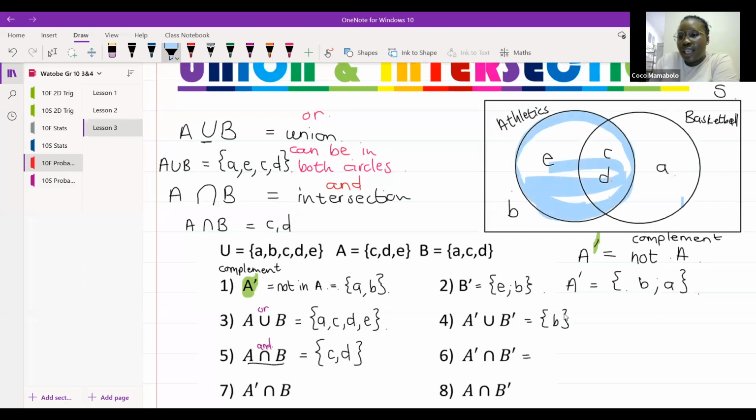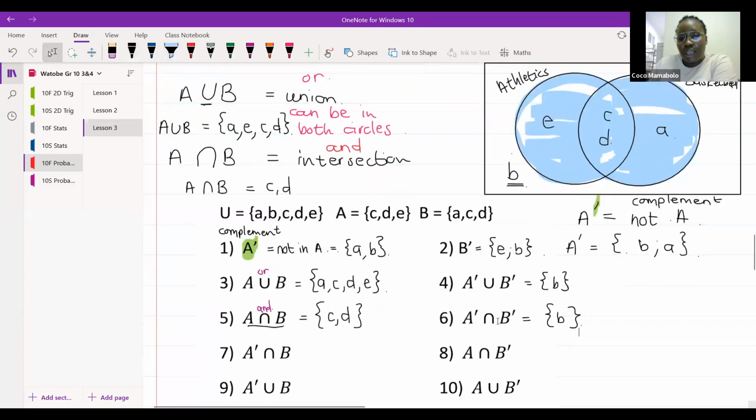So we take the complement of A, intersection with the complement of B. The answer that we should get is just the B on the outside. So this answer over here will just be E.